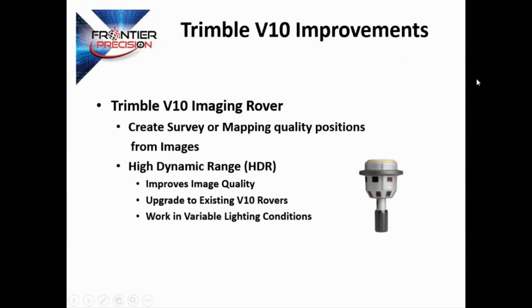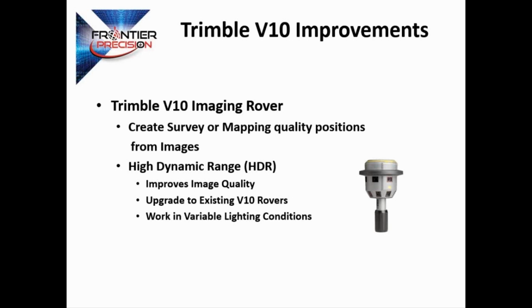All right, the next improvement is on the what's new, Trimble V10. The V10 imaging rover came out about 16 months ago or so, and it was introduced as a high accuracy mapping or surveying device that can capture high quality images, and from those images we can basically triangulate very accurate positions.